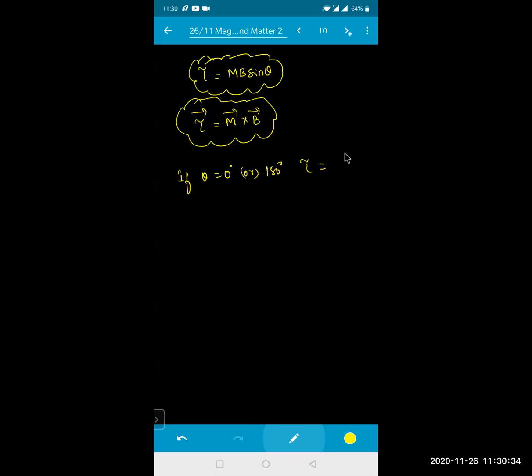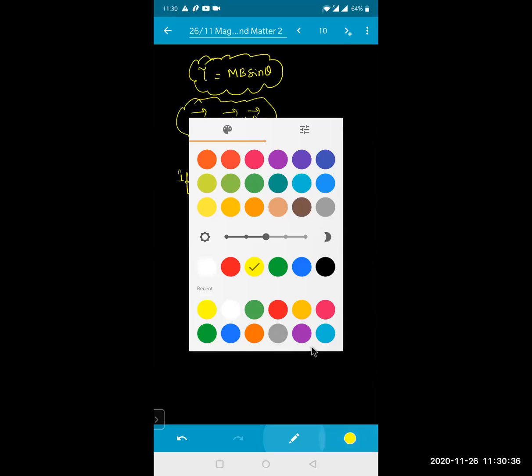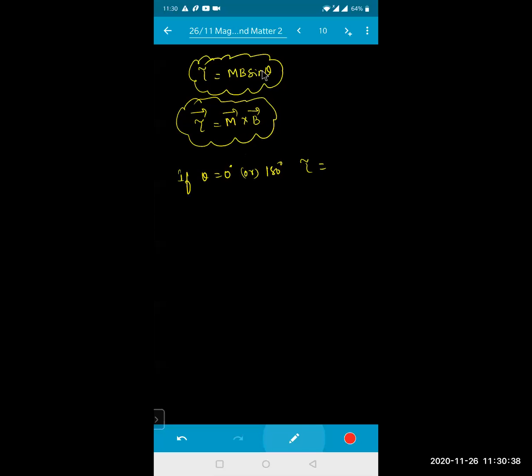Torque will become 0. In the same way, if theta is equal to 90 degrees, then what is the torque? Sin 90 is 1, so tau will be the maximum, that is MB. So tau is maximum MB and tau is minimum, that is equal to 0.